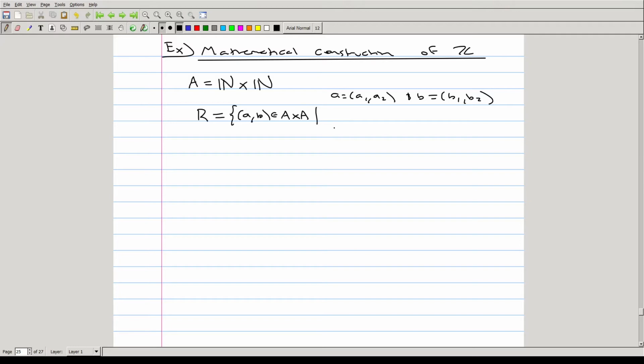So we say that A is related to B if A1 plus B2 is equal to A2 plus B1. I'm not going to go through and prove that R is an equivalence relation, but we proved it in the homework.